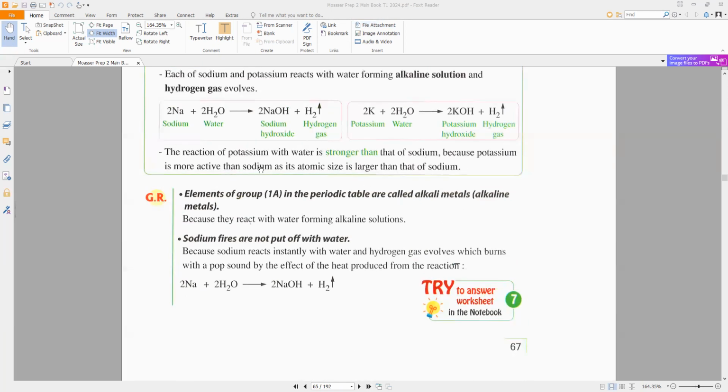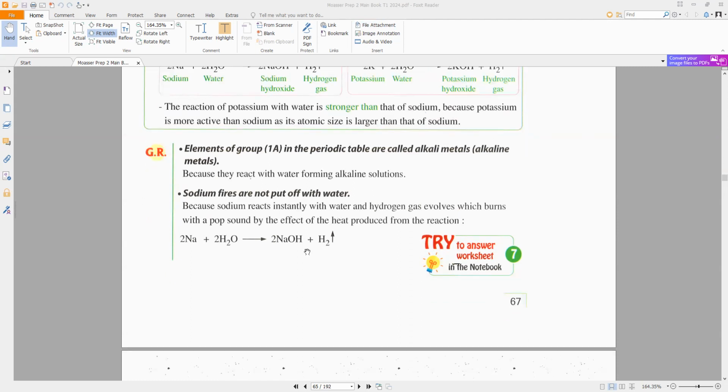So when they ask why the reaction of potassium with water is stronger than sodium, it is because potassium has a larger atomic size and is more active. And why do we call it alkali metal? Because the name comes from reacting with water and forming an alkaline solution.